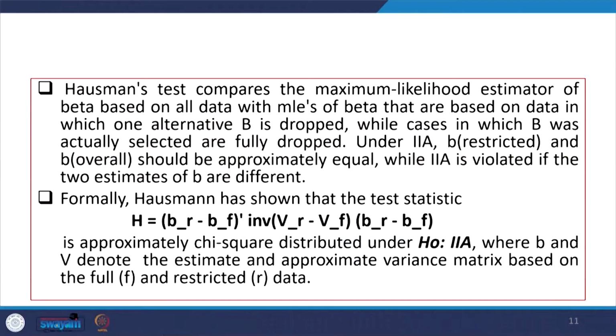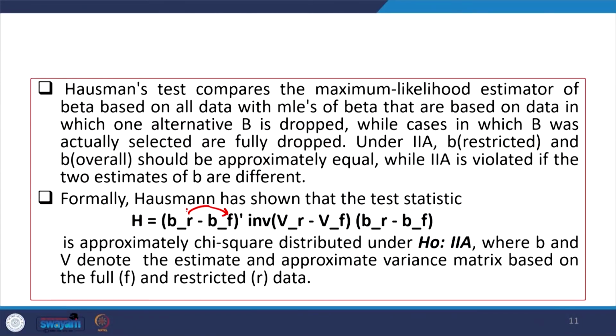Formally, Hausman has shown that the test statistic is H equals (bR minus bF) transposed, times the inverse of (VR minus VF), times (bR minus bF). This is approximately chi-square distributed under the null hypothesis of independence of irrelevant alternatives, where b and V denote the estimate and the approximate variance matrix, R stands for the restricted model and F stands for the full model.